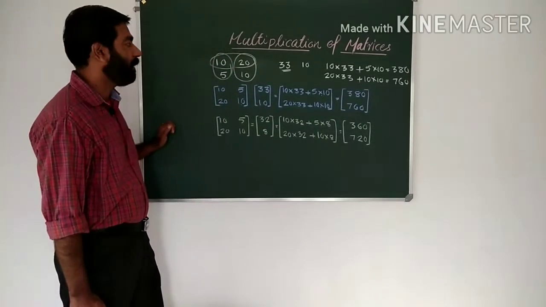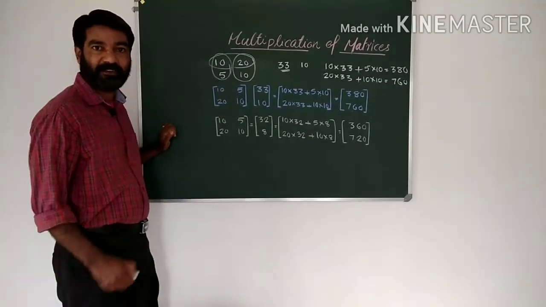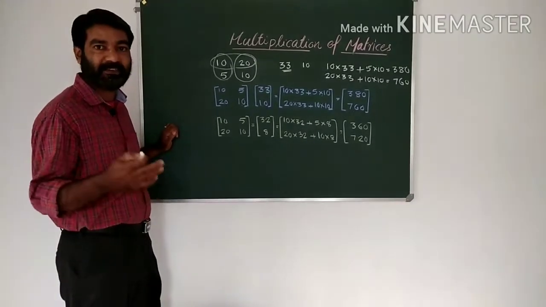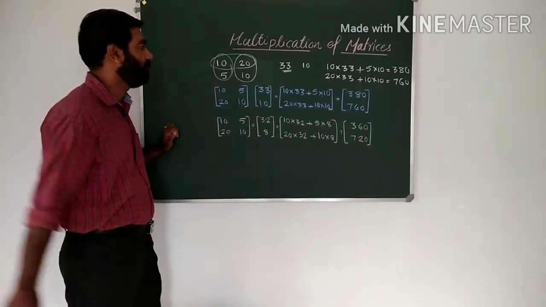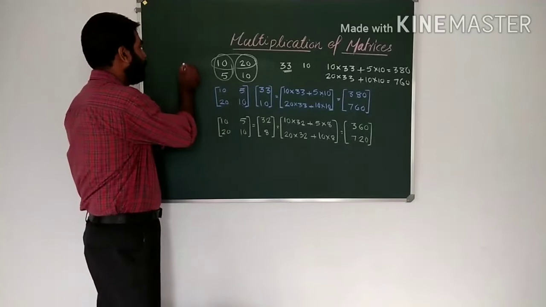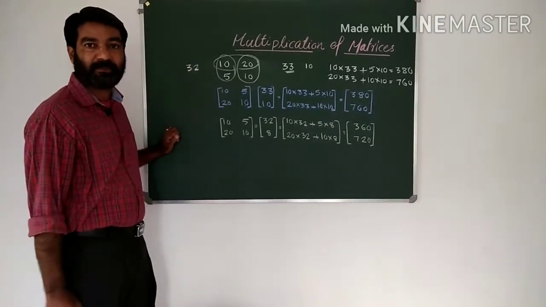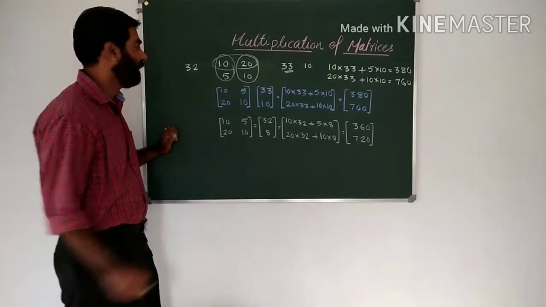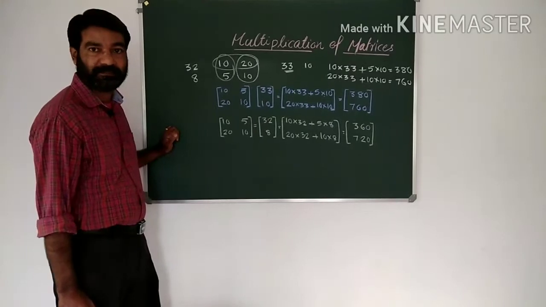Okay. Now again, we visit another shop to compare the price. Which shop is better? In another shop, we see that the price of the notebook is only 32 rupees and the price of a pen is only 8 rupees.